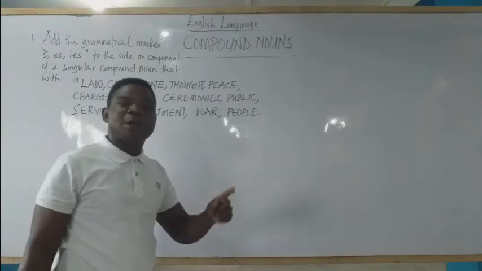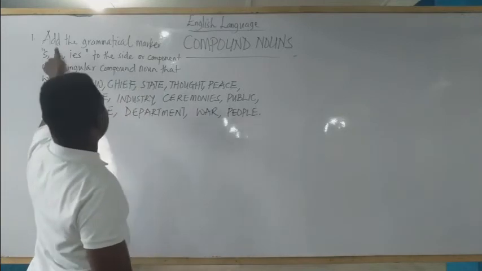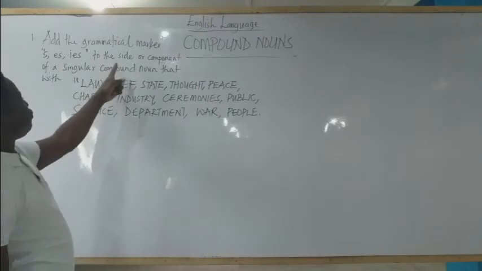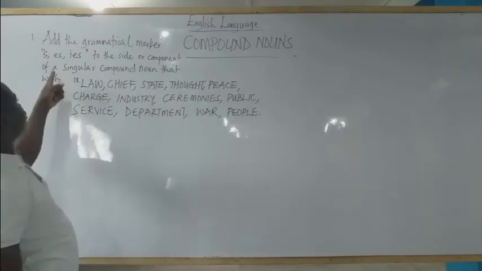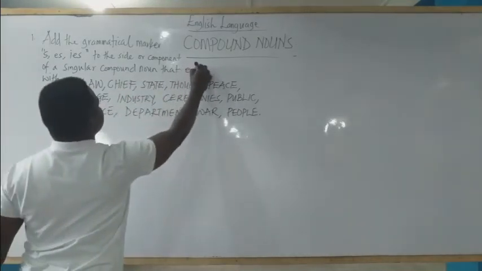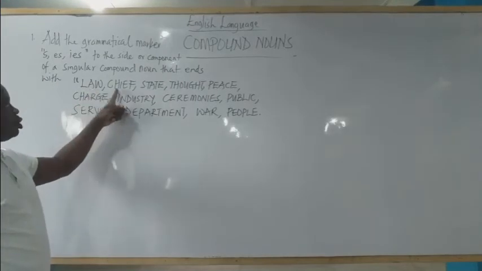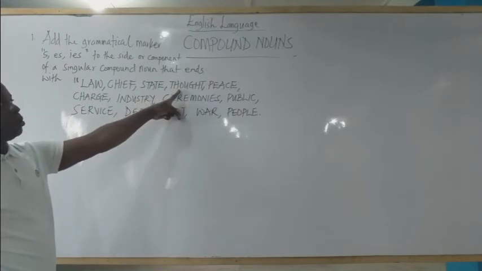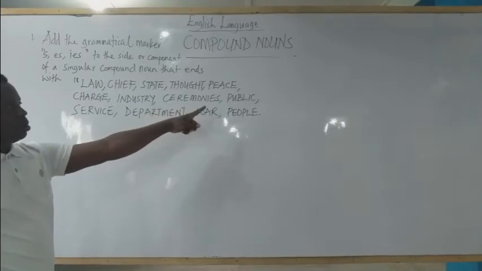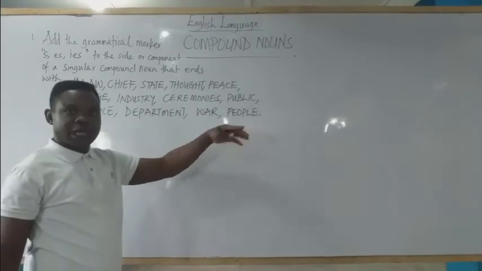To form a plural compound noun from the existing singular form, I said that number one, you add the grammatical markers S, ES, IES to the first component of a singular compound noun that ends with law, chief, state, thought, peace, charge, industry, ceremonies, public, service, department, war, people, and so on and so forth.